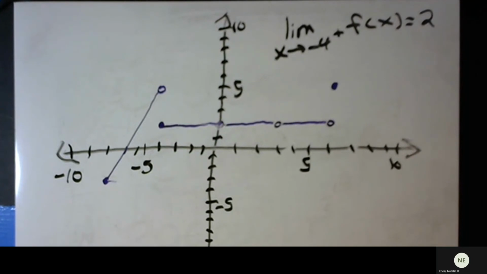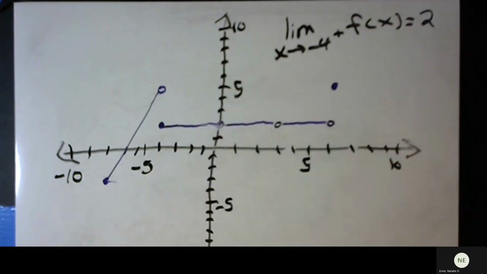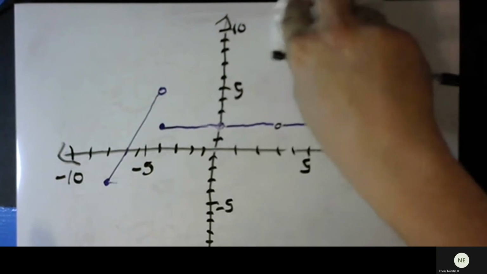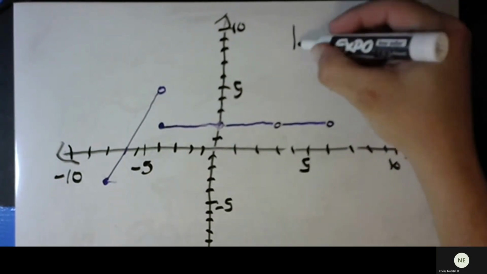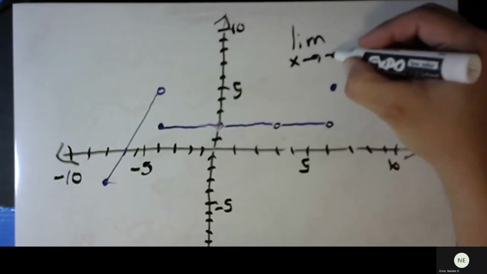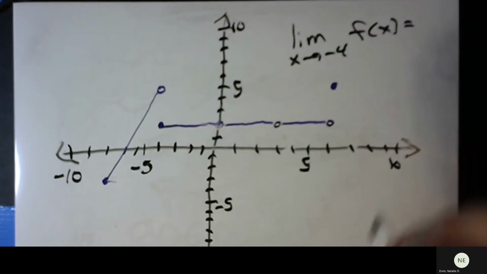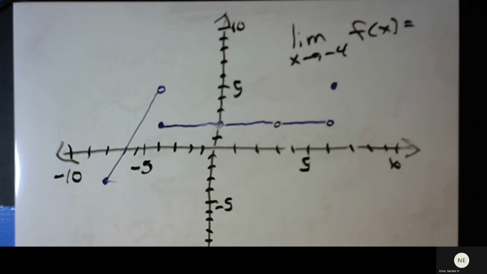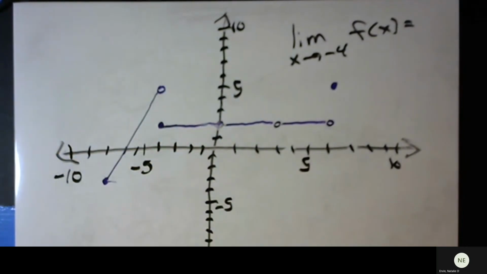Now, the next limit asks, okay, you've got the one-sided limits for x at -4, approaching from the left, approaching from the right. But what about what's going on in general? In other words, if x is just approaching -4, what's our limit going to be? Well, it matters if you come from the left or from the right.